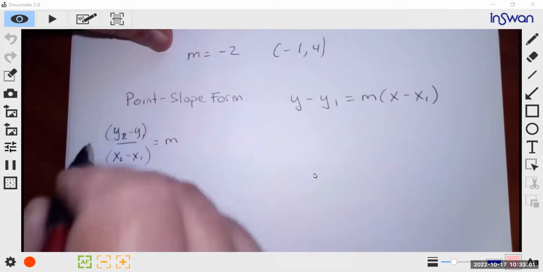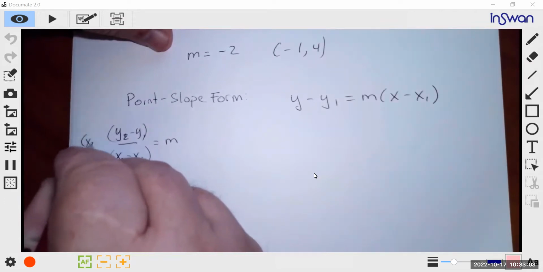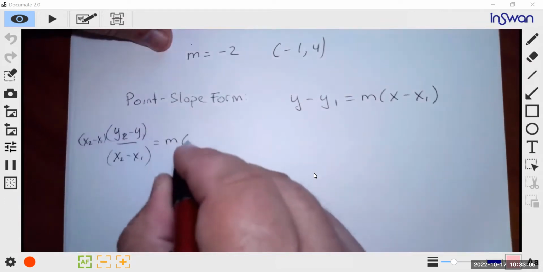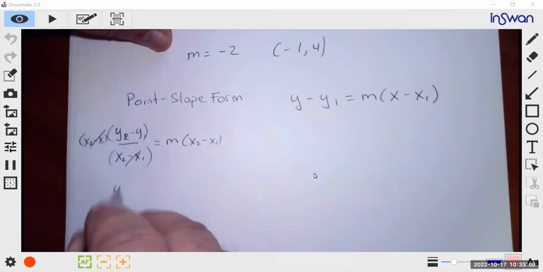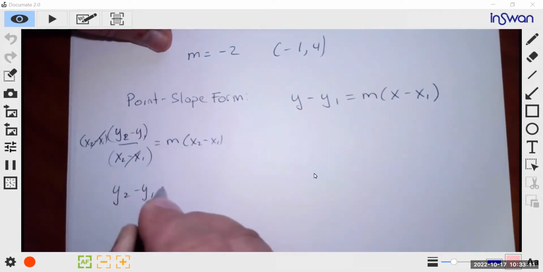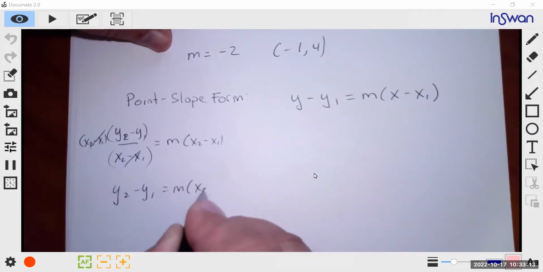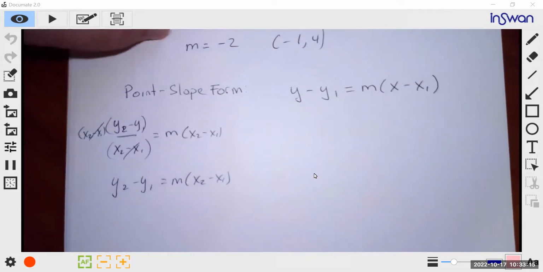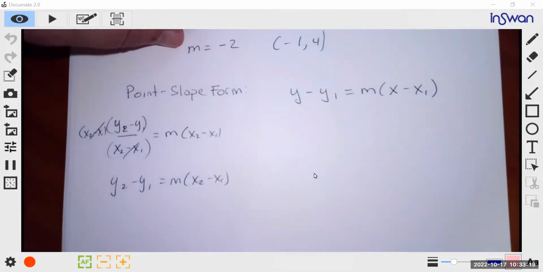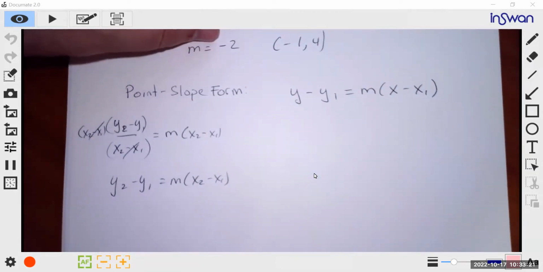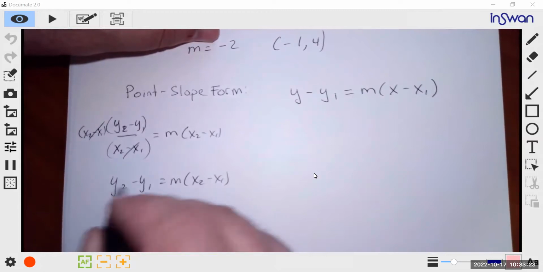So what if I multiplied both sides by x2 minus x1? These would cancel. That's where I get that from. I get it from the slope equation, but I have to keep an x and a y.